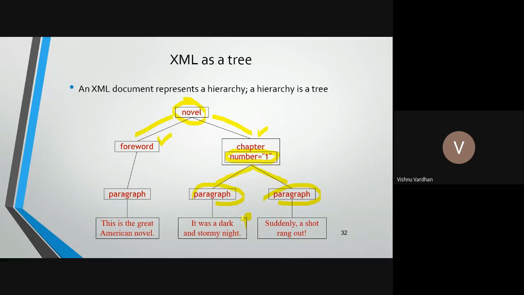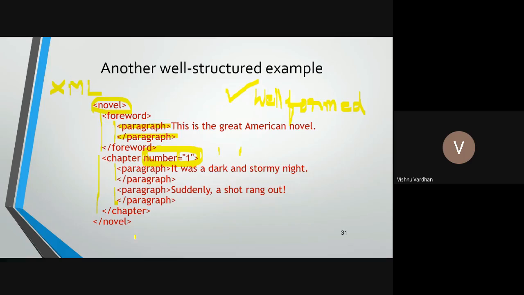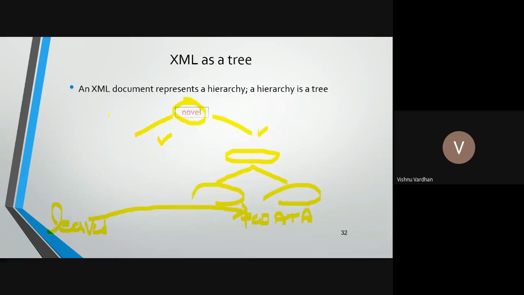So this is the PCDATA. Ultimately the leaves are actually PCDATA. The leaves means the content inside, these are the leaves. So the last part, whatever textual data content that you are seeing here, this is the PCDATA ultimately, and the root element is represented in this way.